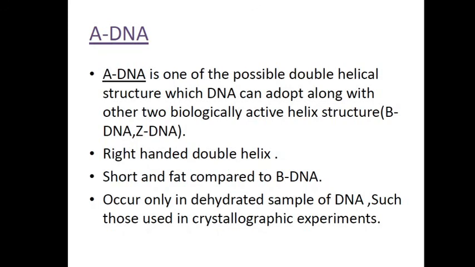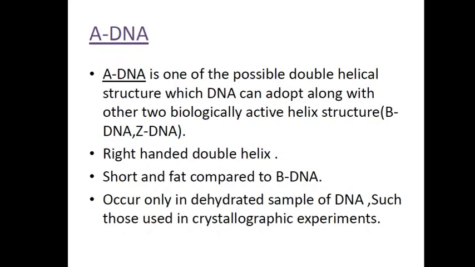And obviously when you reduce the pitch length, what will happen? It will turn out to be comparatively fatter, that is, the diameter will increase. So do remember that the A form of DNA is shorter and comparatively fat compared to the B form of DNA.